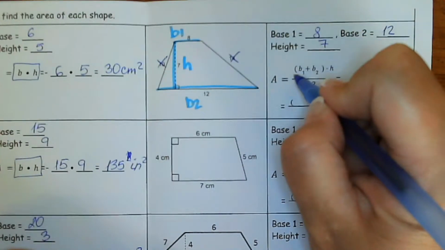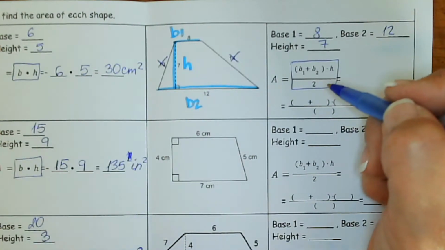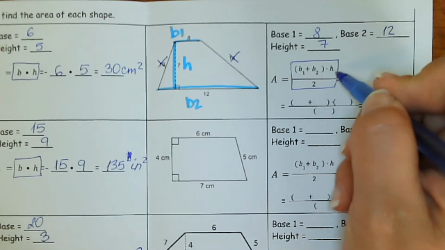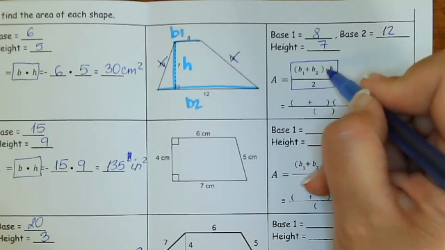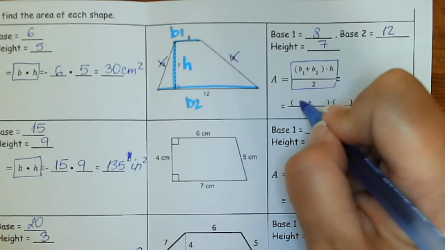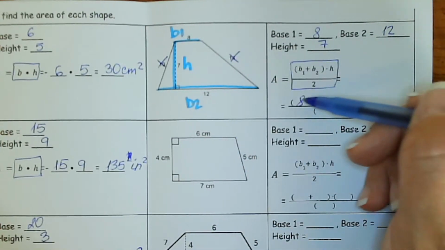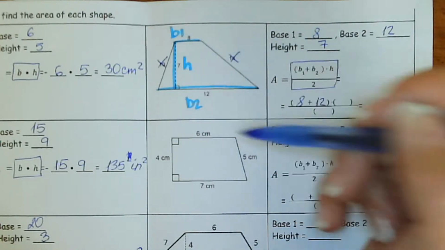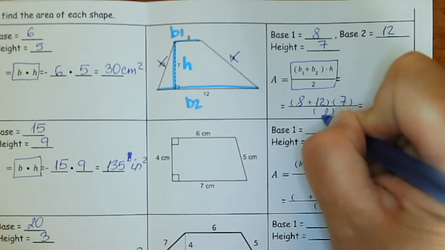The formula for the area of the trapezoid, that's something we need to remember. Base 1 plus base 2 times the height divided by 2. So we add the bases, 8 plus 12, add the parallel segments, multiply by the 7, multiply by the segment in between, and then divide by 2.